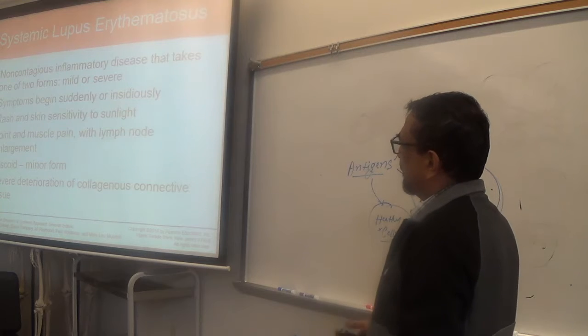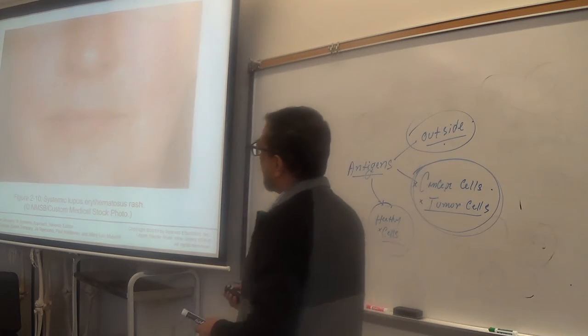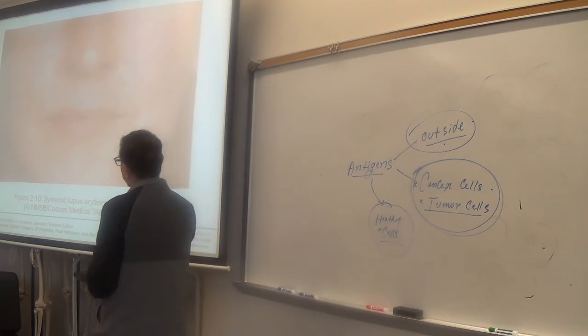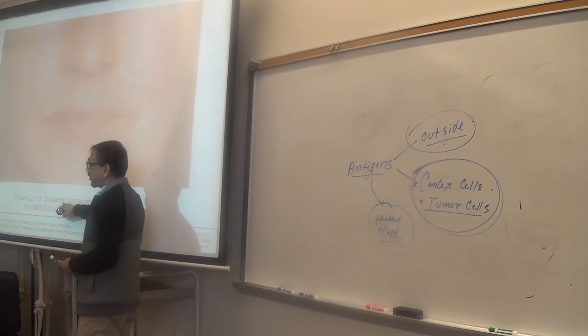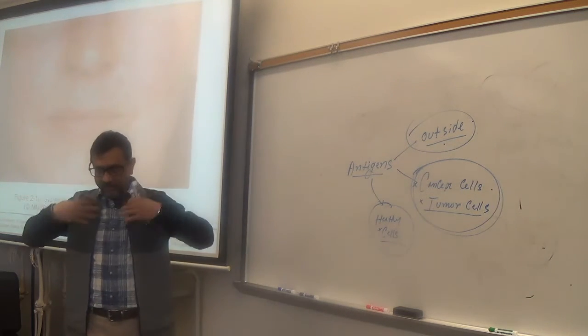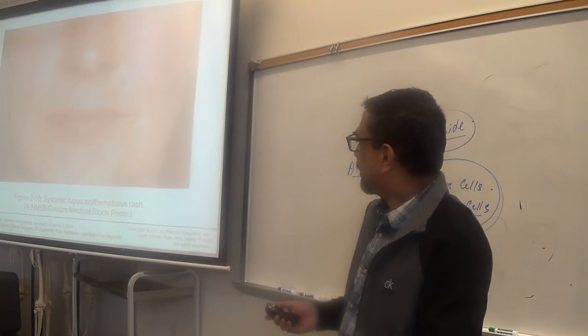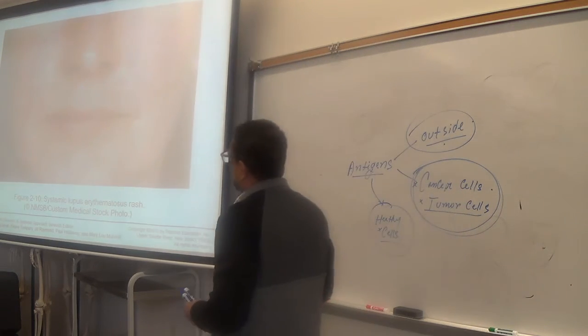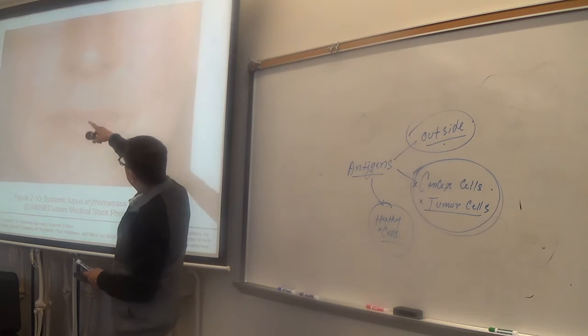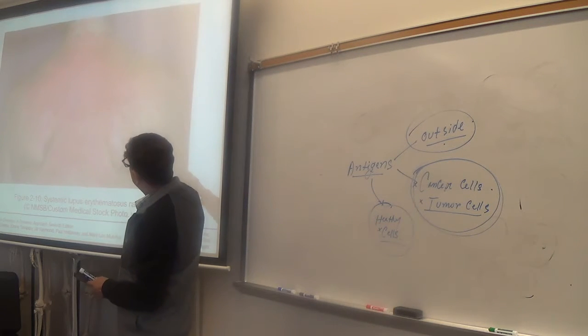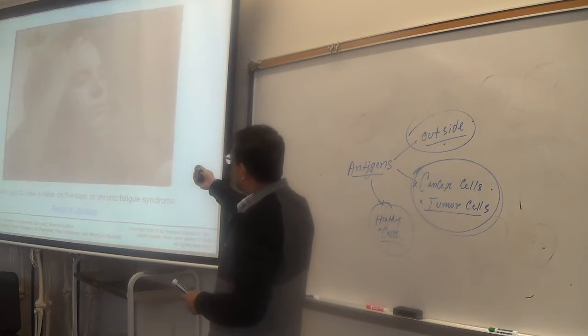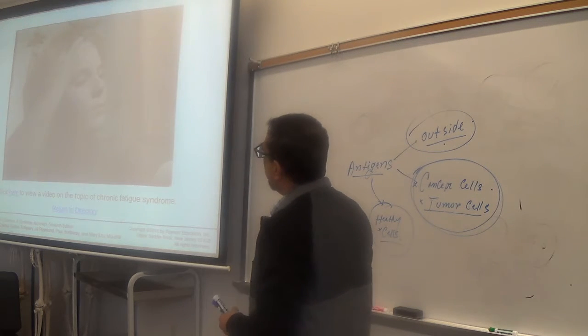Common autoimmune diseases, one is lupus. This is called systemic lupus. You see reactions throughout the body. Okay, you see lupus. This is one rash throughout the body.